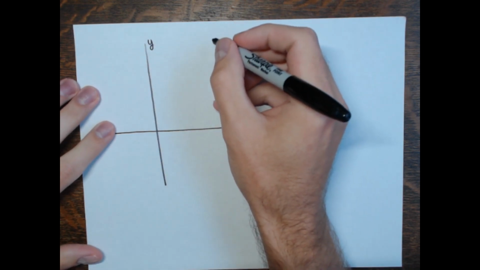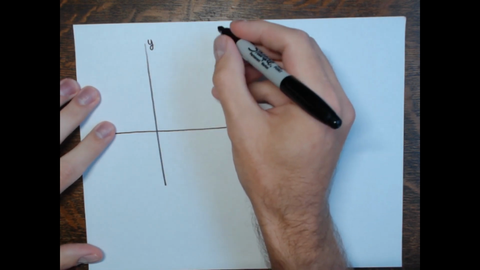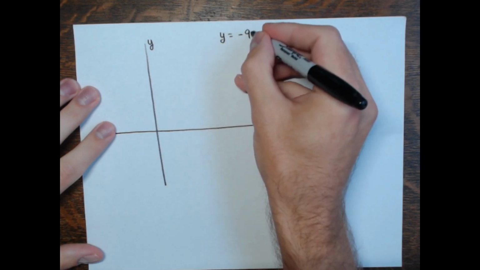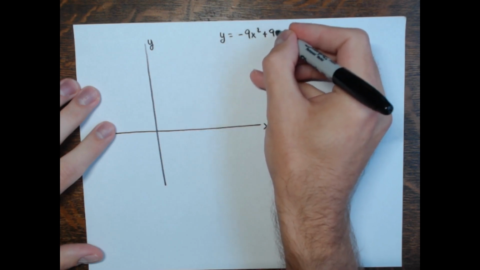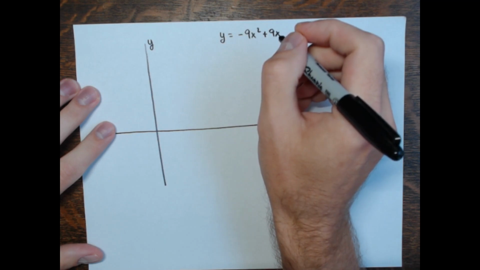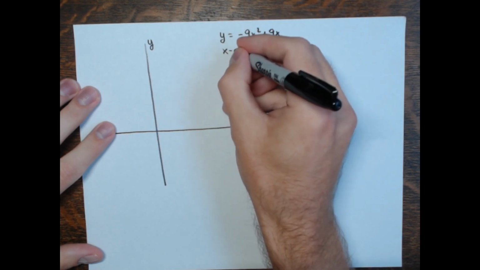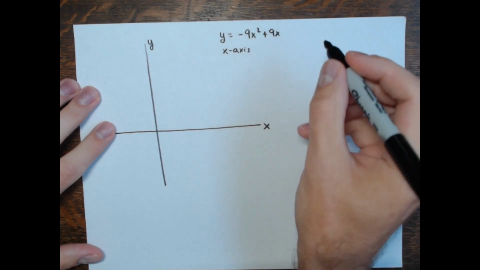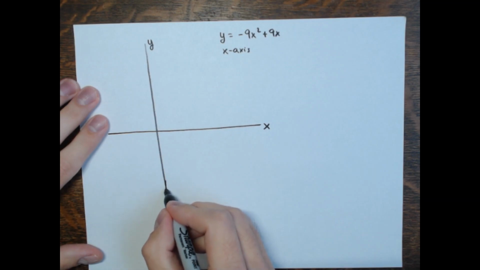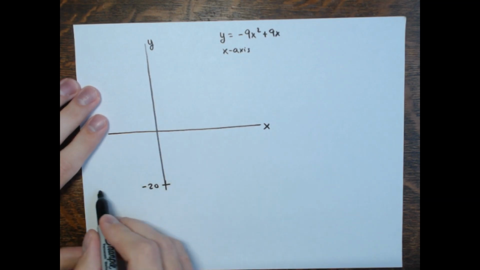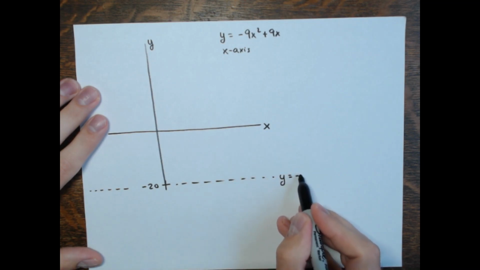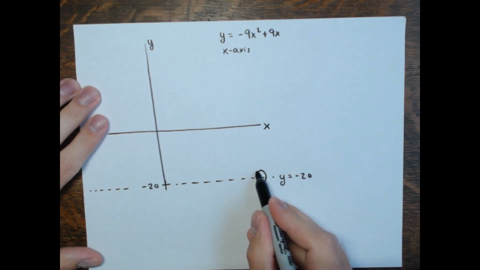Our problem says the region bounded by the graph of y equals negative 9x squared plus 9x, or 9x minus 9x squared, and the x-axis. And we're rotating around the line y equals negative 20. So I'm going to put that down here. Here's the line, y equals negative 20. We're rotating around that line.